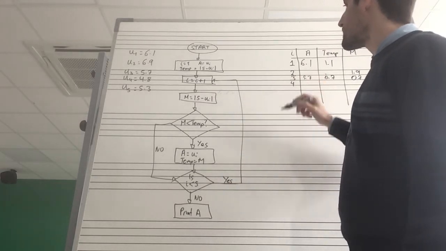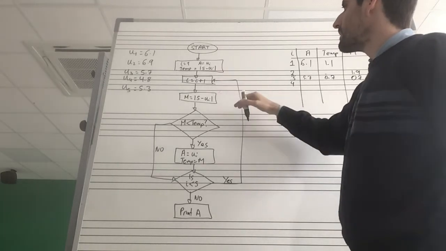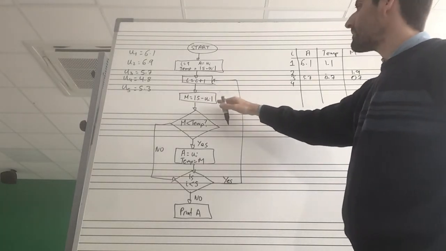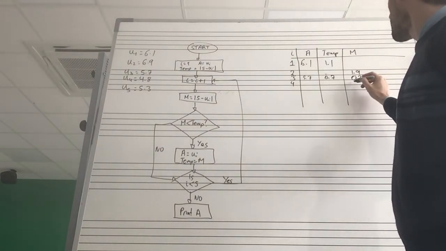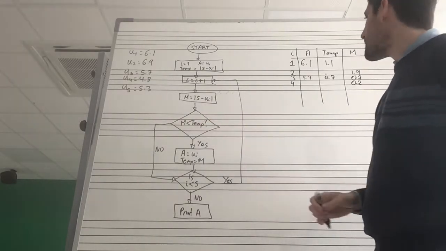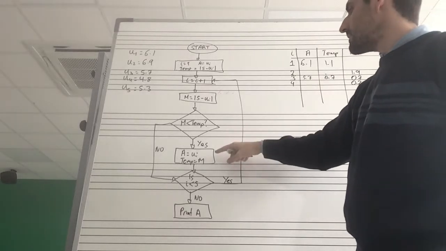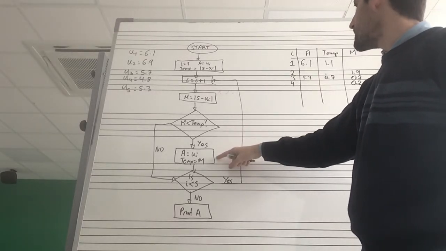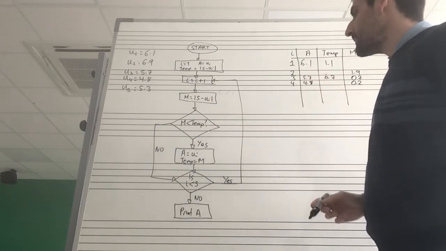So now I is 4, because I plus 1. So n is now 5 minus u4, so 0.2. n is 0.2. Is n less than 10? Well, yes it is. So A becomes u4, 4.8.